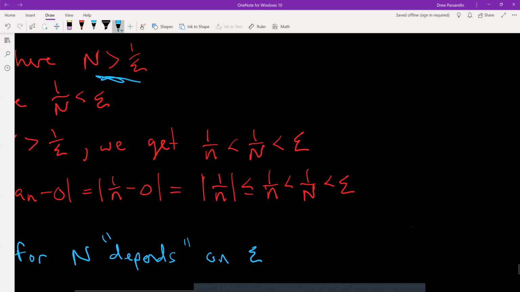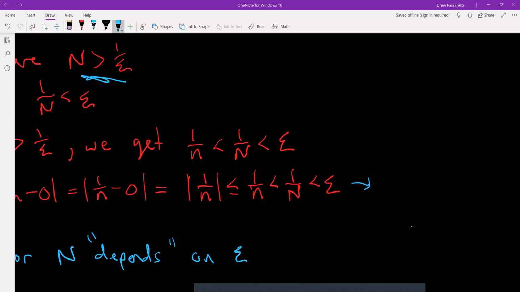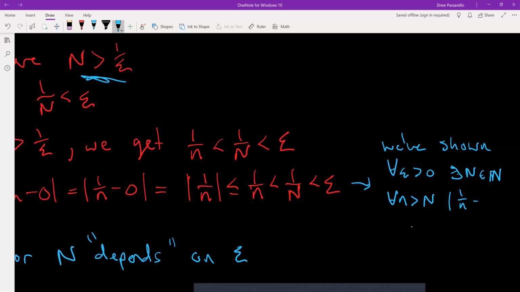The proof is done at this point, but we've shown that for all epsilon greater than 0, there exists a capital N so that for all little n bigger than N, our sequence 1 over n minus our limit value 0 is less than epsilon.